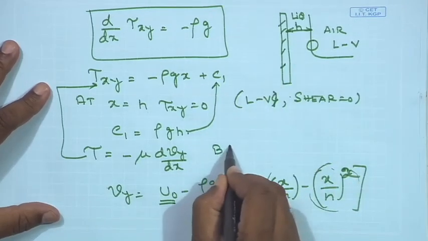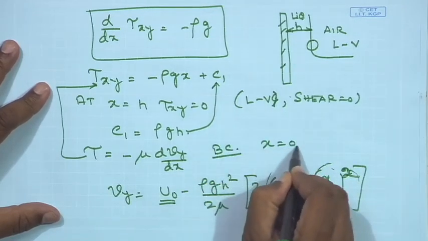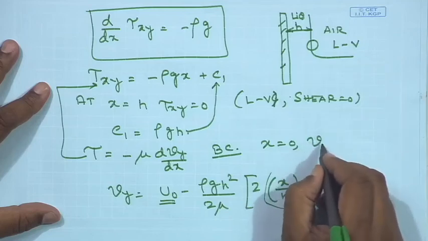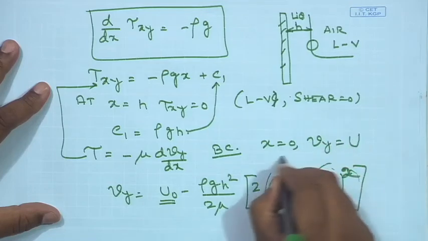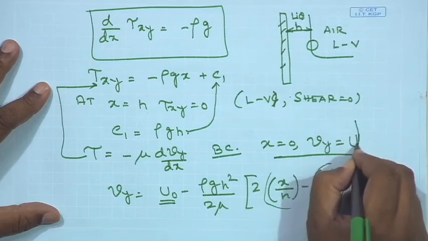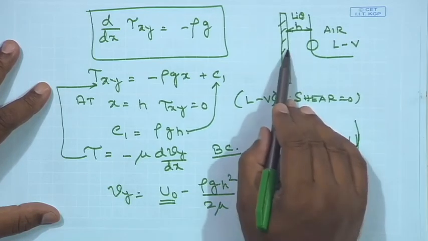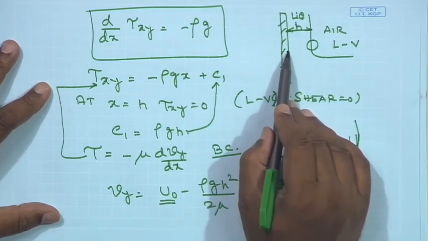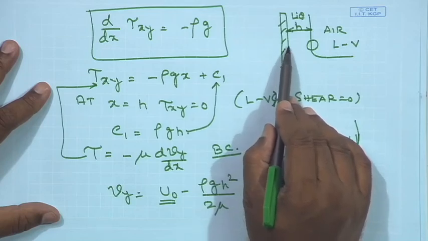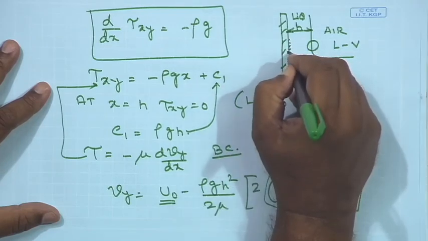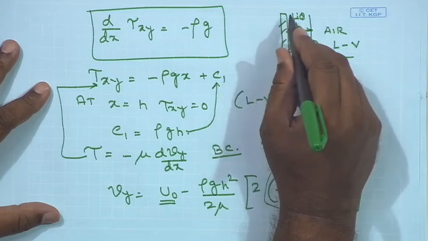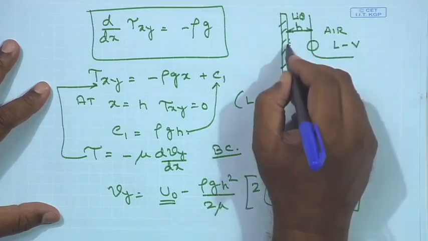The second boundary condition would be at x equal to 0, where vy must be equal to u naught. This is a very important boundary condition. At x equal to 0, that means at the liquid solid interface, there is no relative velocity. So, all the molecules of the liquid which are here are moving up with the plate with the same velocity as u naught.